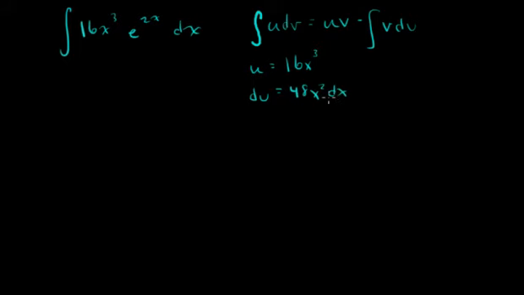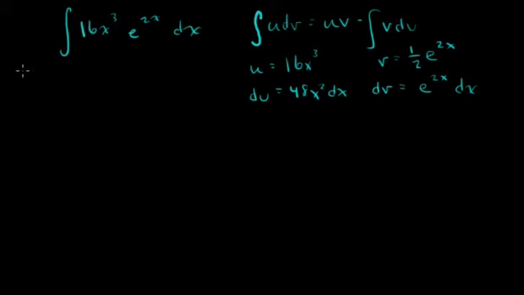That's simple derivation. Now let's make dv equal to e to the 2x dx. And when you integrate both sides, you get a term for v. The integral of e to the 2x is 1/2 times e to the 2x.